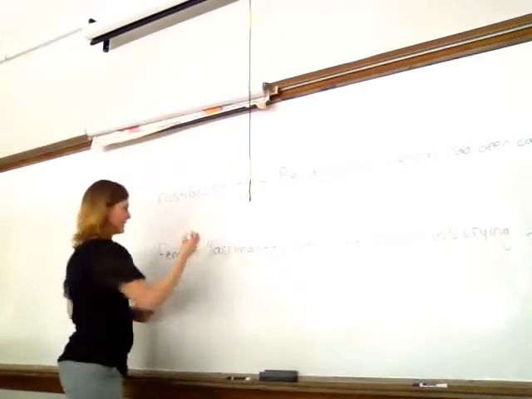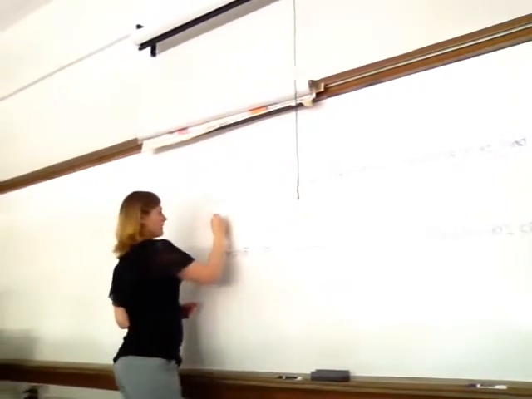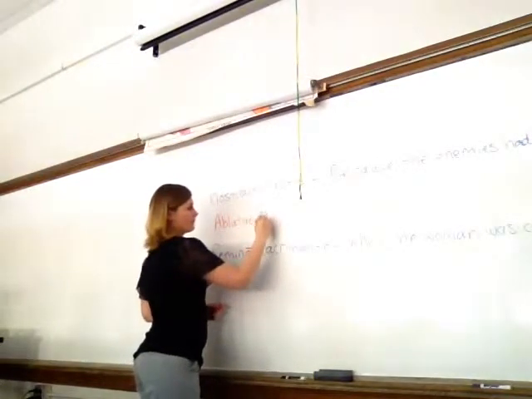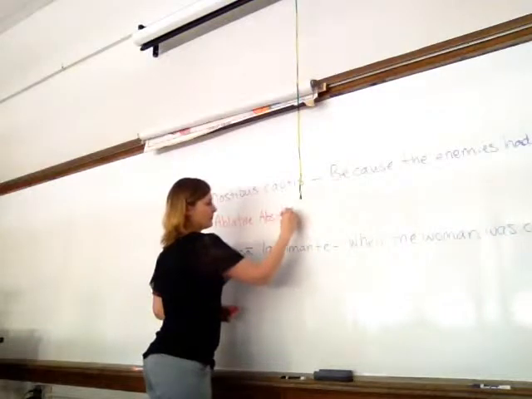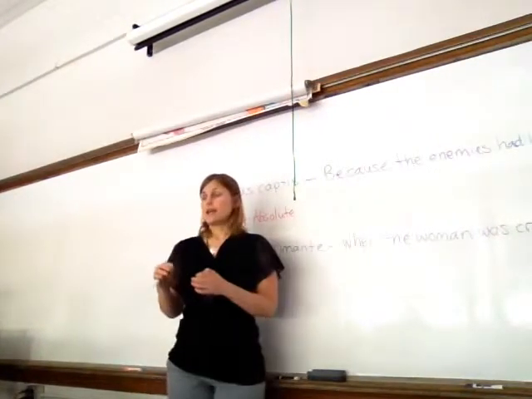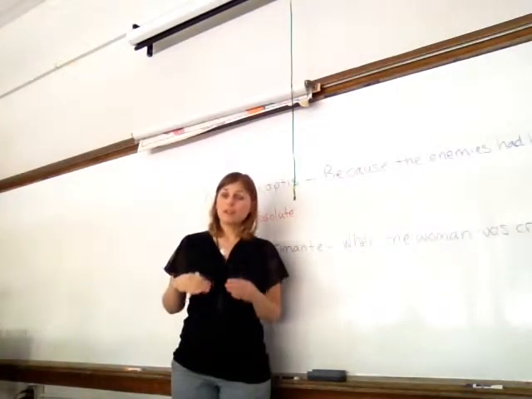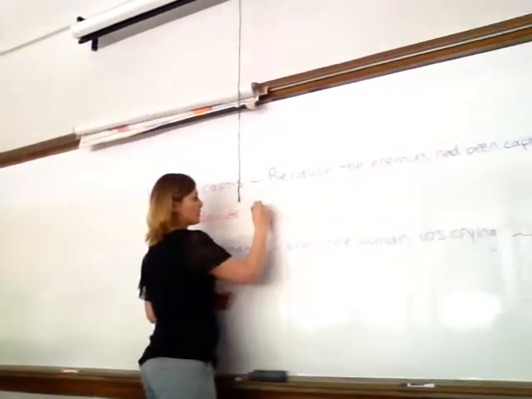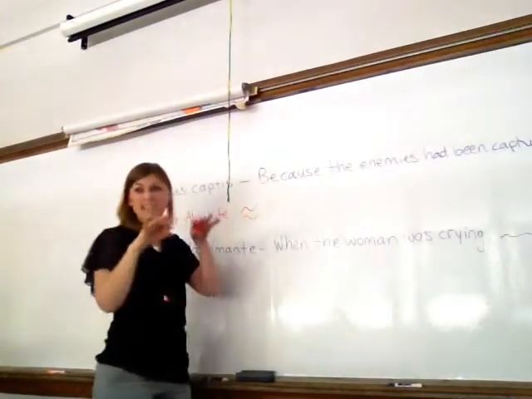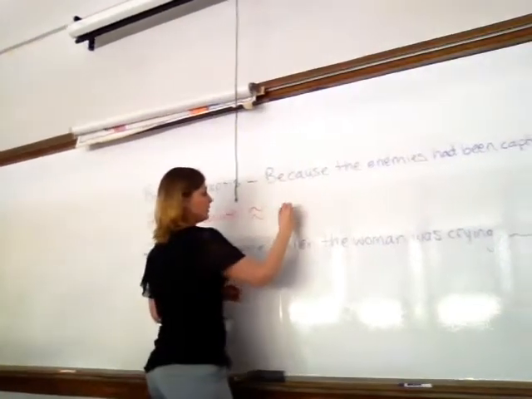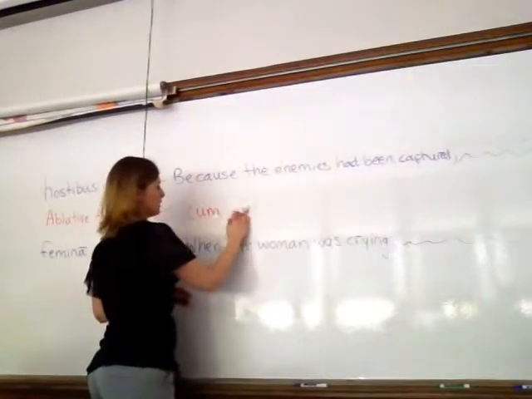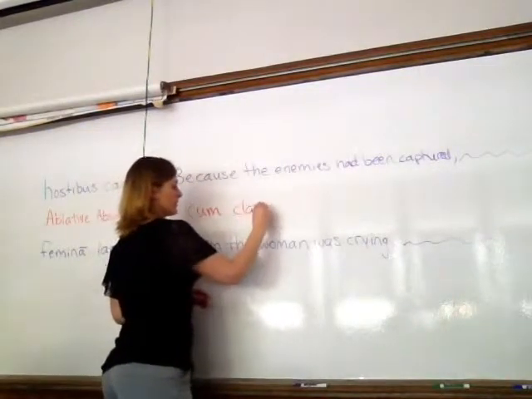Excellent. Very good. So an ablative absolute has the same phraseology as cum clauses. So I'm going to go ahead and put in a kind of equal sign. Cum clauses.